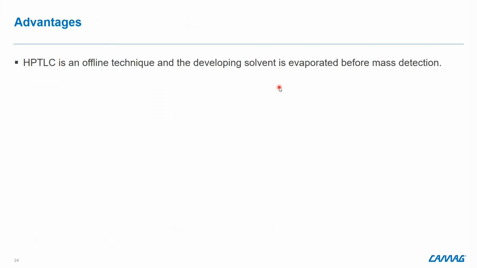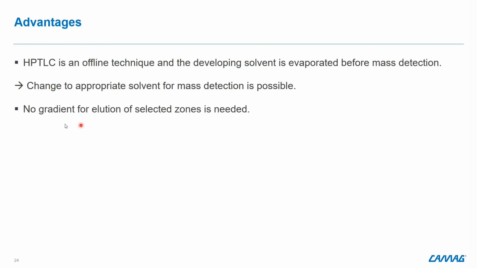What are the advantages of HPTLC-MS? HPTLC is an offline technique and the developing solvent is evaporated before mass detection. So this allows to change to an appropriate solvent for mass detection. No gradient for elution of selected zones is needed.